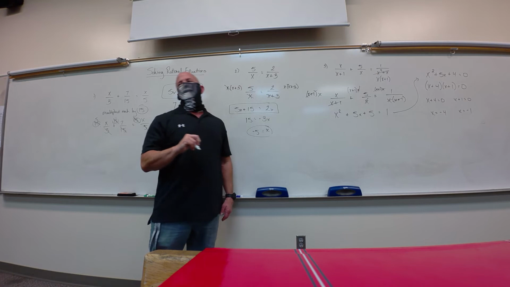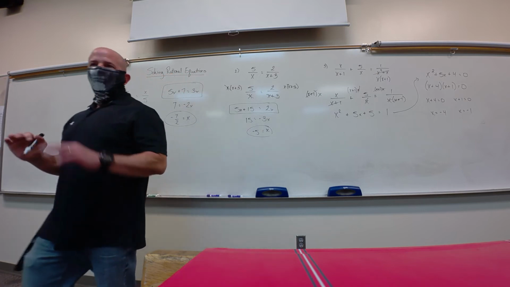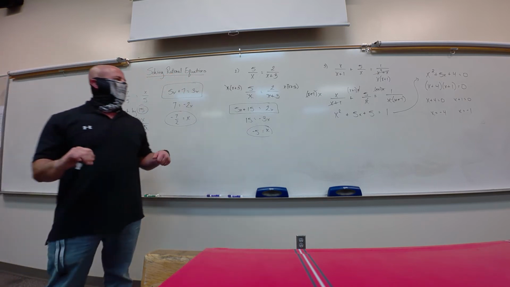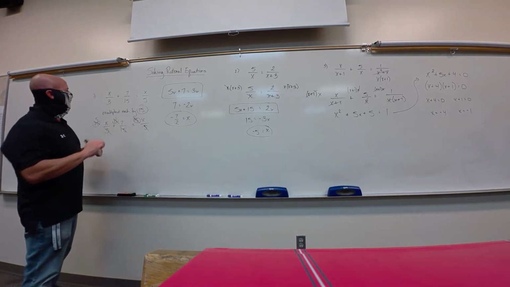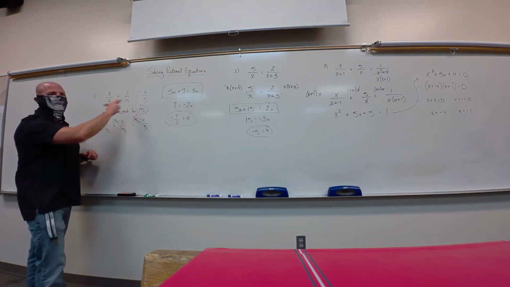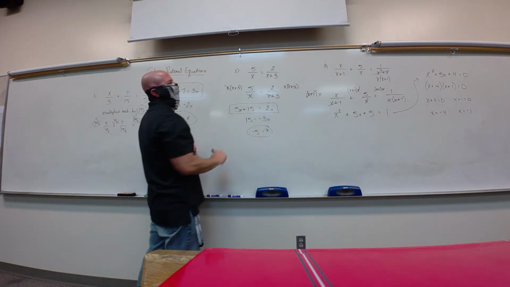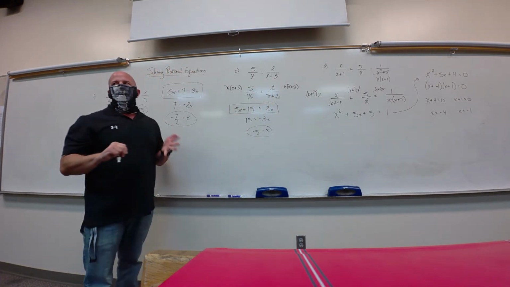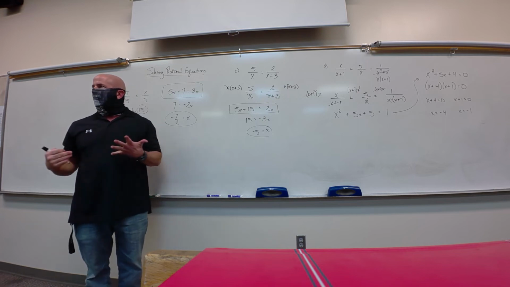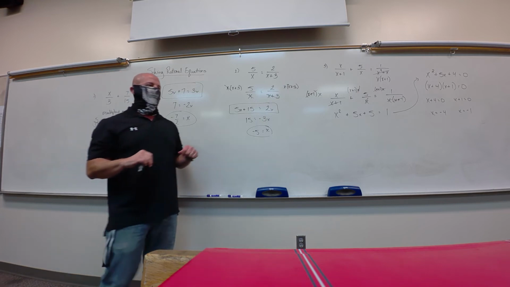Now, the process stayed the same, but one thing is different in solving a rational equation with numerical denominators versus variable denominators. We have to take into account the domain restrictions. Domain is one of the first things that we did with these rational expressions.